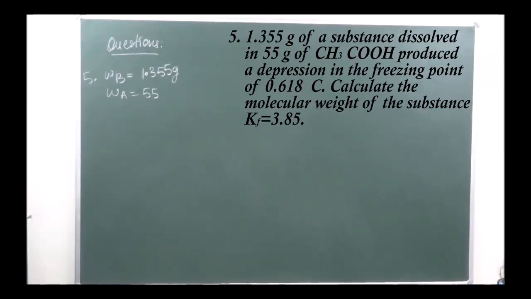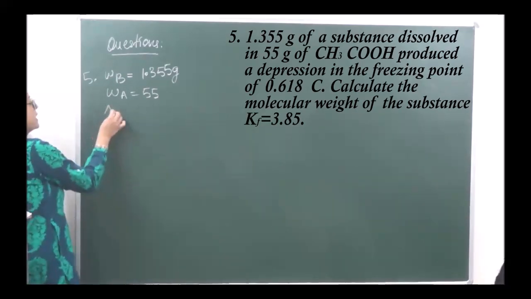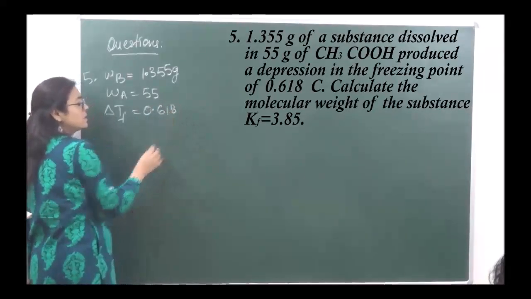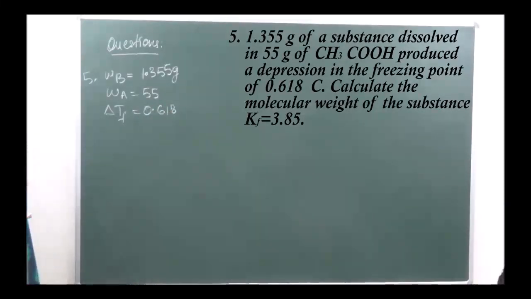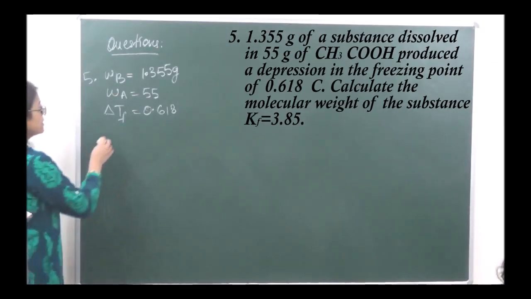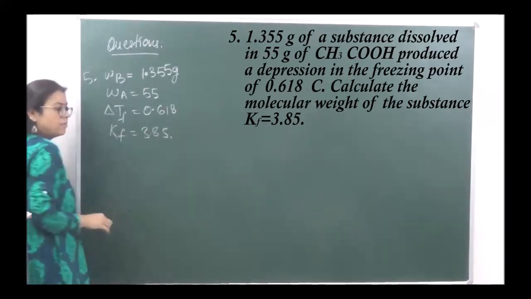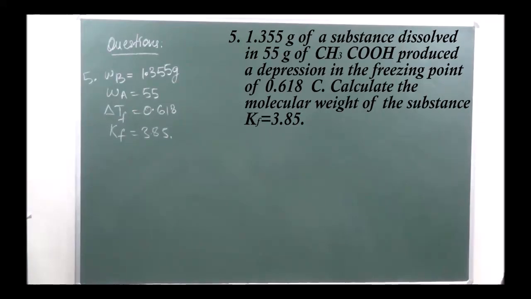It produced a depression in freezing point, delta TF, of 0.618. Calculate the molecular weight of the substance. KF is given to us as 3.85. So this is also a direct question.